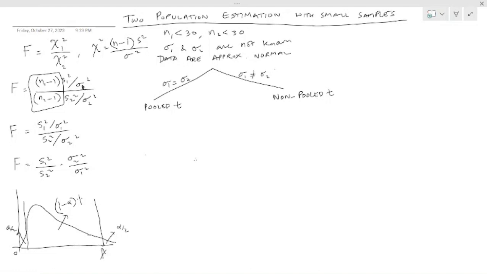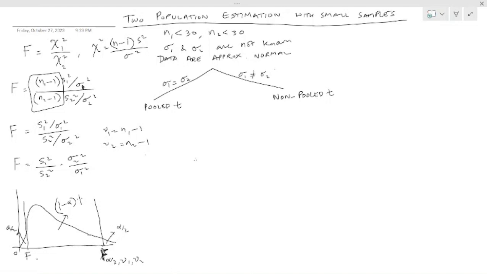Similarly, the upper bound of the F statistic for 1 minus alpha percent should be indicated in the same way. Furthermore, we need to indicate the degrees of freedom nu1 and nu2. What are the degrees of freedom? Nu1 is simply equal to n1 minus 1, whereas nu2 is equal to n2 minus 1.